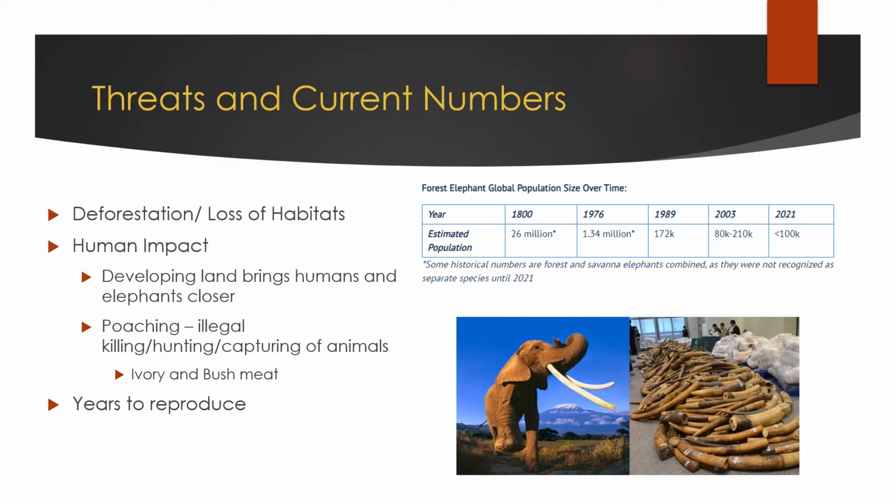The main threat for this is deforestation. These elephants live in thick, dense rainforests, and as you know, humans are moving into places or cutting down trees for resources, so the elephants are losing their habitat.